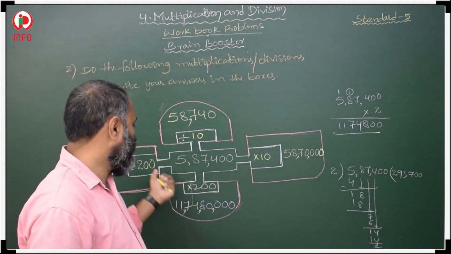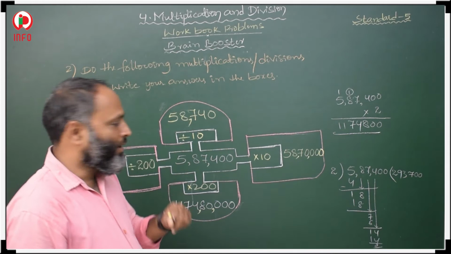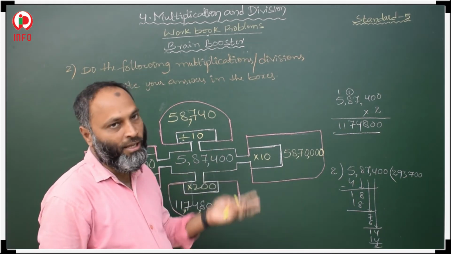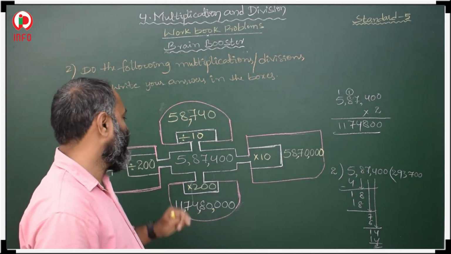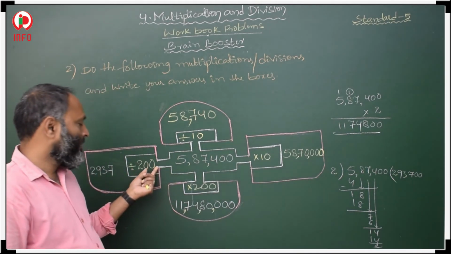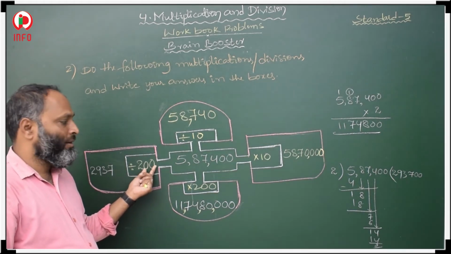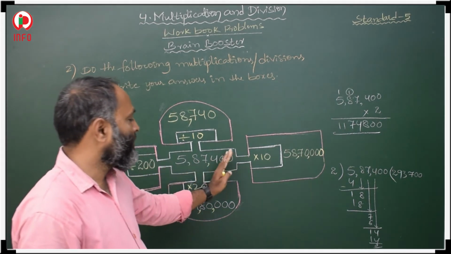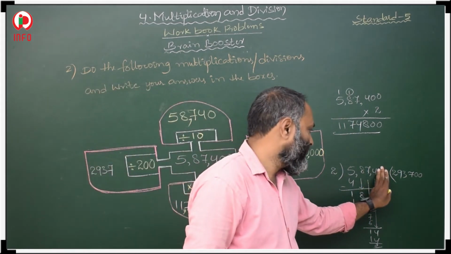When 1 zero is there in the divisor, you have to decrease 1 zero in the dividend. If 10 zeros were there, you have to decrease 10 zeros in the dividend. So first you have to check. Here the divisor is 200, and in this divisor we have 2 zeros, so in the dividend we have to remove these 2 zeros.